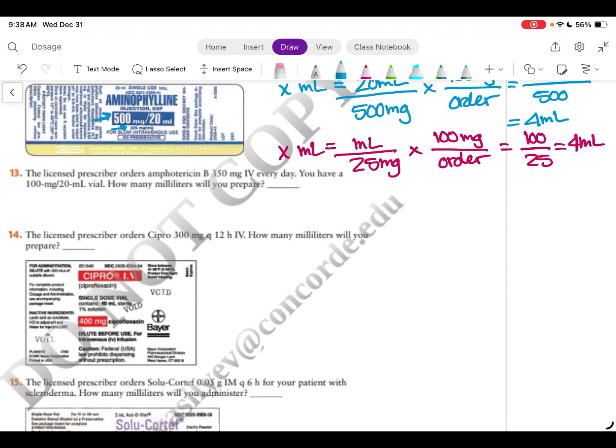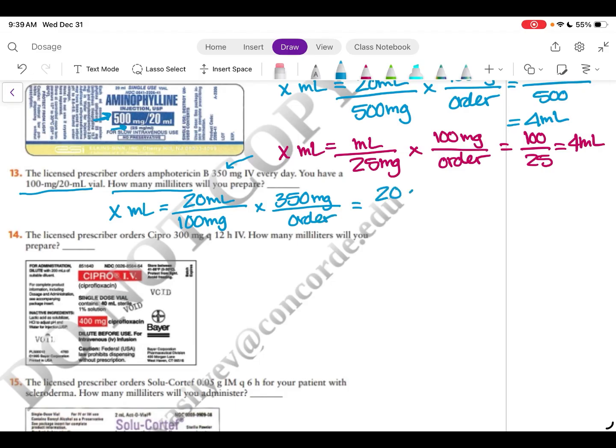Number 13. So you have an order for 350 milligrams of amphotericin B. You have a vial that has 100 milligrams in 20 milliliters. How many milliliters will you give? So, X mL. 20 over 100 milligrams times 350, the order.